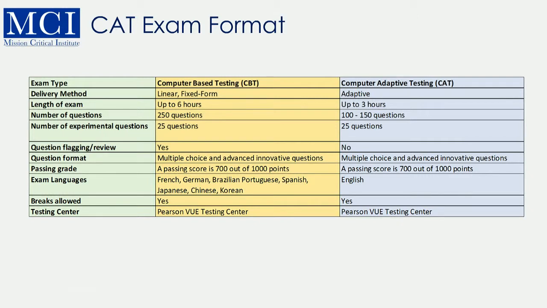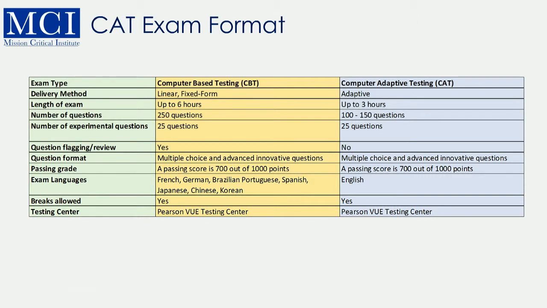So the computer adaptive test will have a minimum of 100 questions, up to a maximum of 150 questions. 25 of those don't count, so really you're talking 75 to 125 in terms of the range.